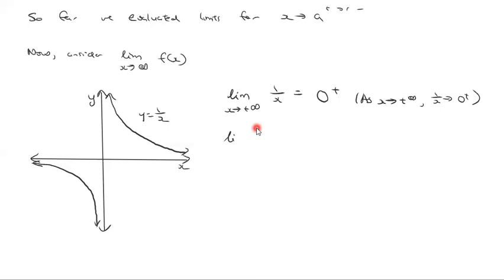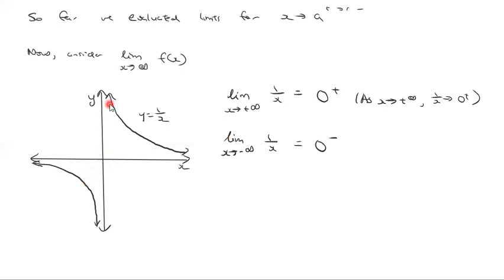And similarly, the limit as x approaches negative infinity of 1 over x, what does that approach? -0. Yeah, 0 on the negative side. Exactly. And so if you have a graph, hopefully it's fairly obvious.